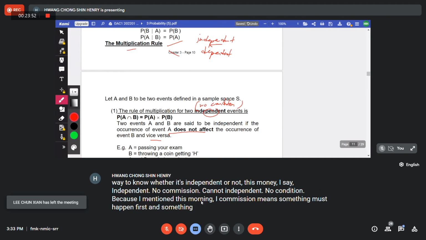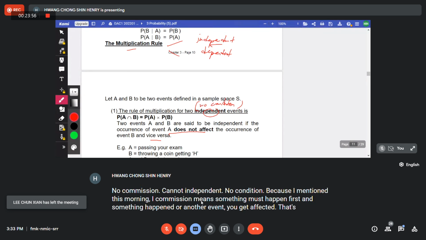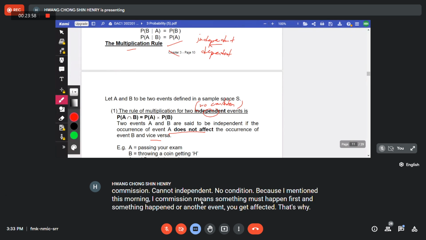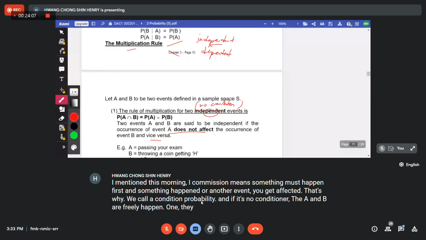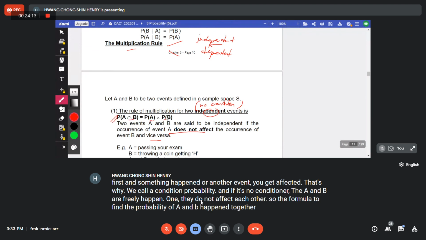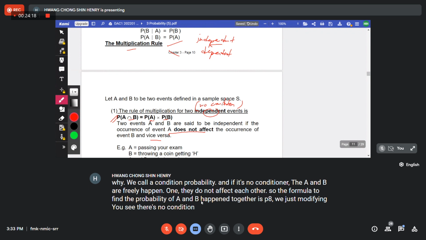And when something happens, another event will be affected. That's why we call it conditional probability. And if there's no condition, A and B happen freely. They do not affect each other. So the formula to find the probability of A and B happening together is PA times PB, just multiply only. You see there's no condition here. Understand?